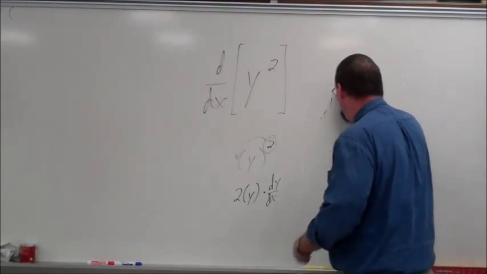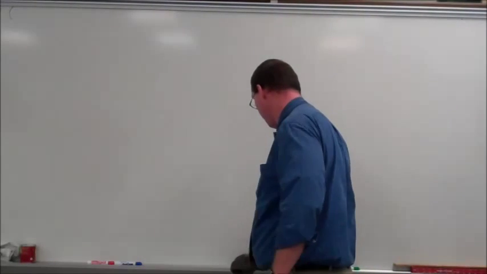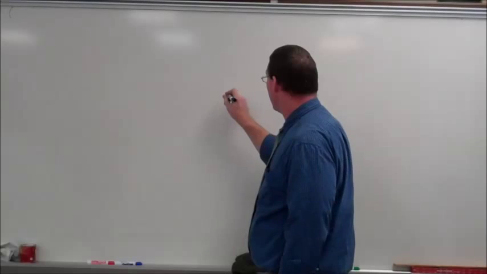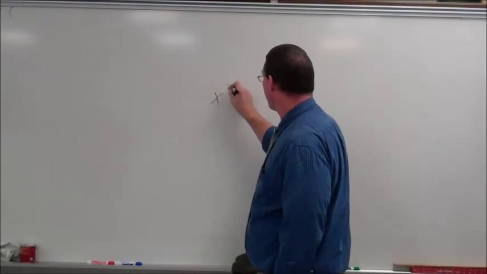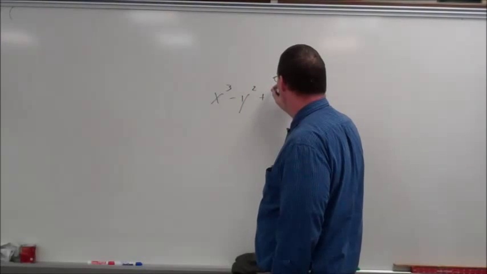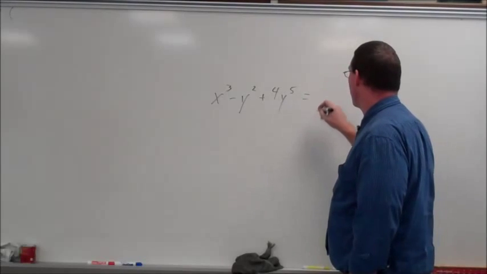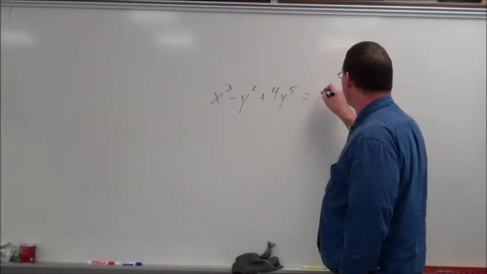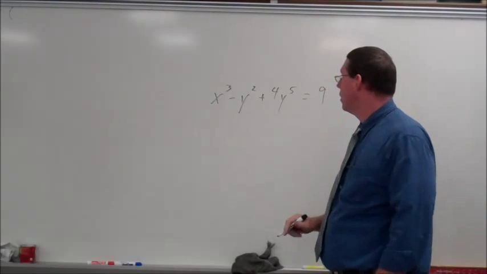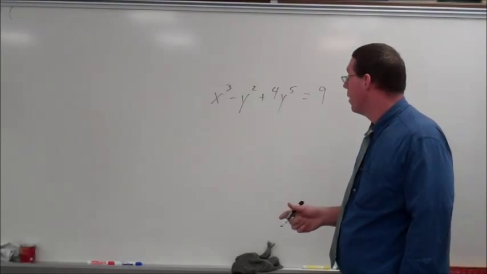So when we do implicit differentiation on something like this, let's say x to the third minus y squared plus 4y to the fifth equals 9. Say we have this relation, and we're going to do implicit differentiation.